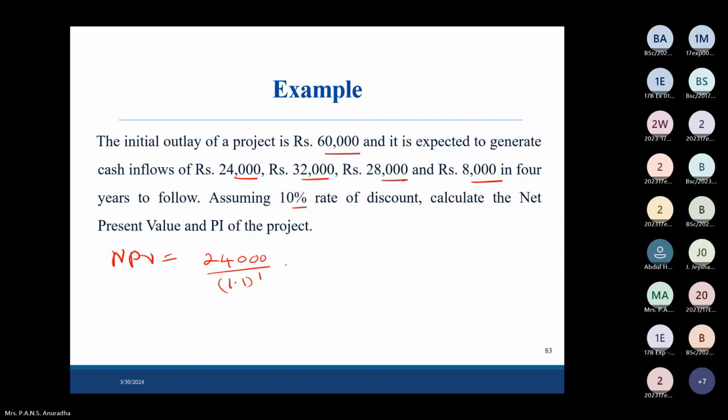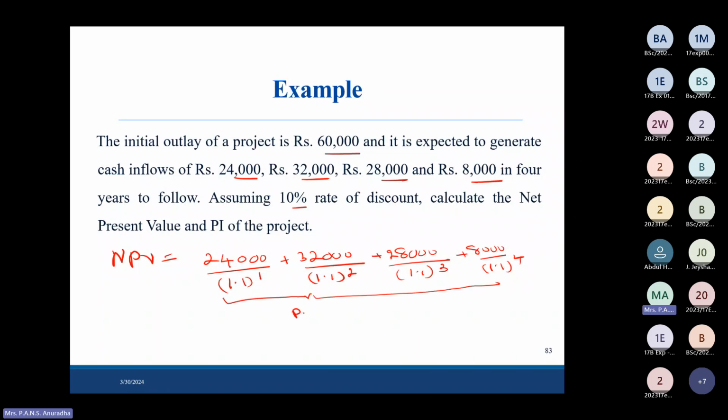Discounted for 1 year. 32,000, year 2 cash flow, 1.1, discounted back 2 years. 28,000 discounted for 3 years, plus 8,000 discounted for 4 years. So this total is the present value of the cash inflow minus the cost, or the present value of the cash outflow, which is 60,000. That difference will give you the NPV.